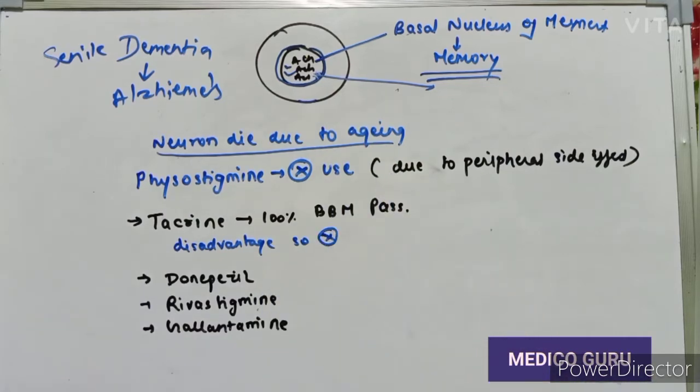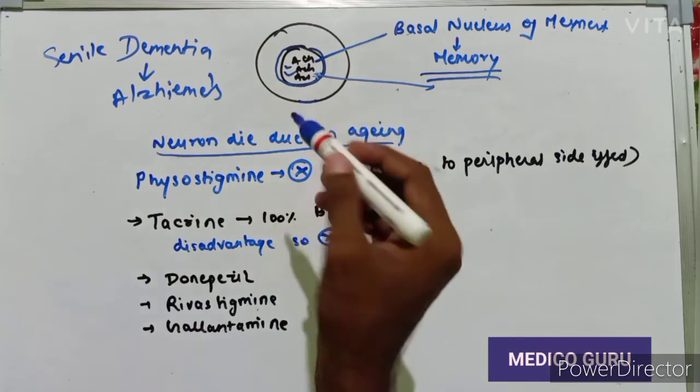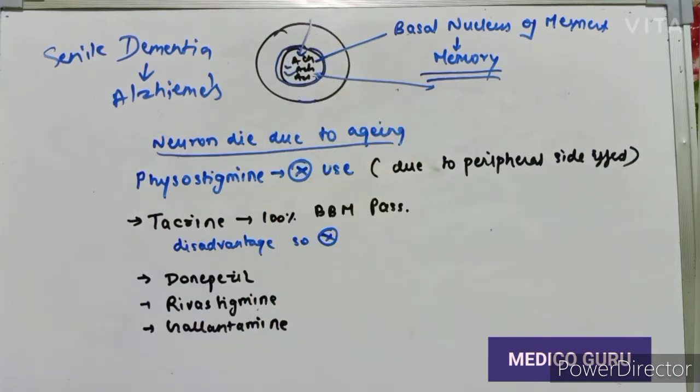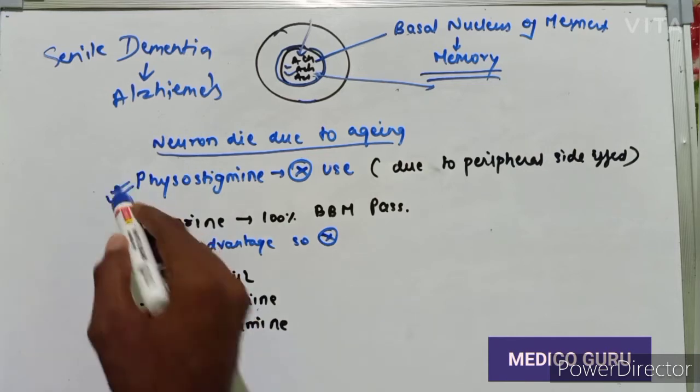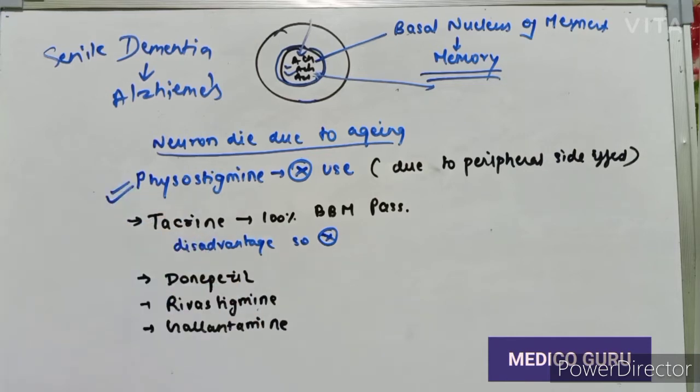We can increase acetylcholine with an acetylcholinesterase inhibitor. If we inhibit acetylcholinesterase, it will increase acetylcholine. We have to increase acetylcholine in the brain, so we have to use a drug which can cross the blood brain membrane. Physostigmine can cross the blood brain membrane and could be used to treat Alzheimer's, but we cannot use it.